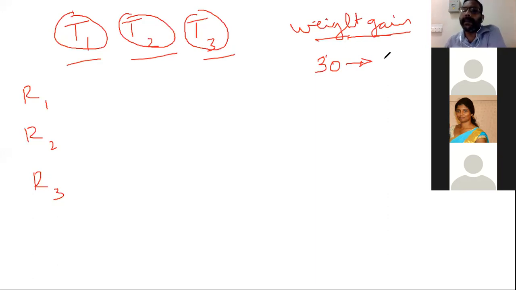Suppose that animal is now 35 kilogram in 1 month. Don't forget, in 1 month, right? So what is the weight gain? 5 kilogram per month.